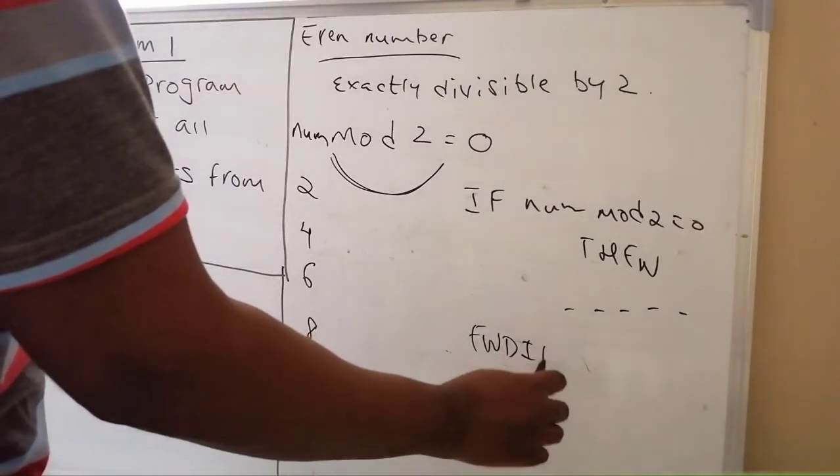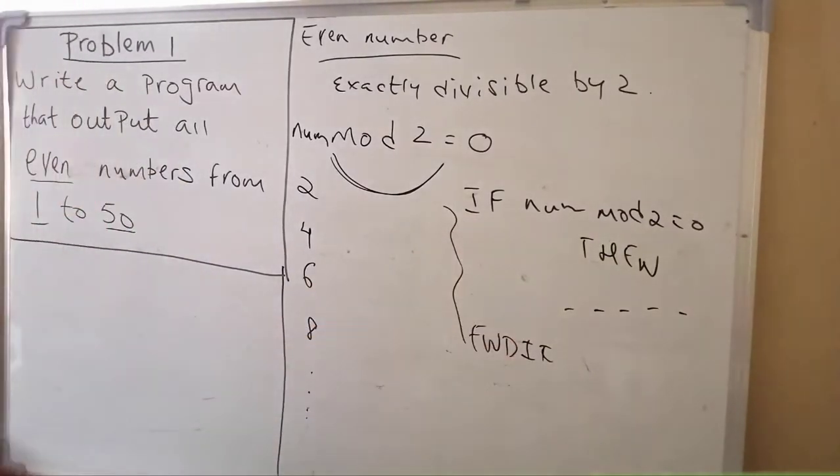Now using this if statement and a for next loop, we can actually work out a pseudocode version for this particular program. So let's take a look at that now.